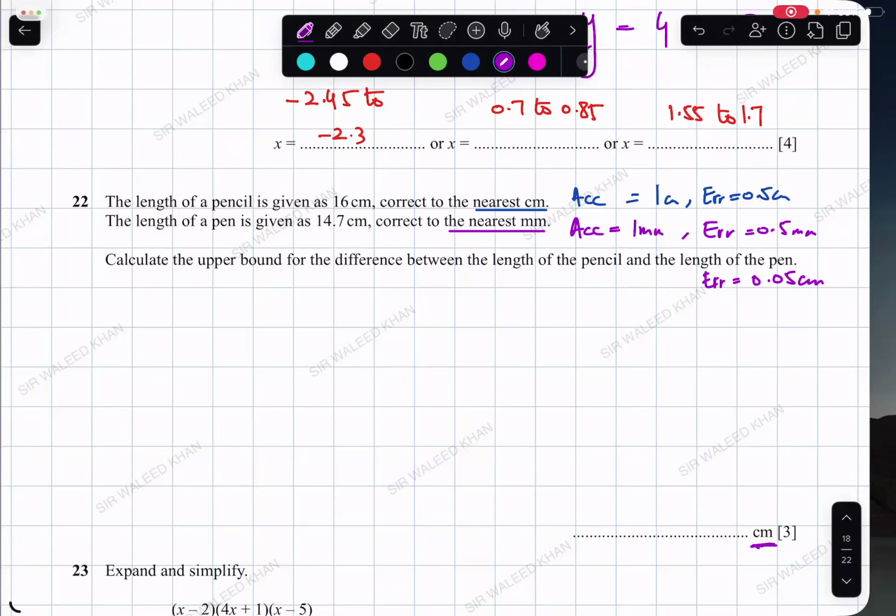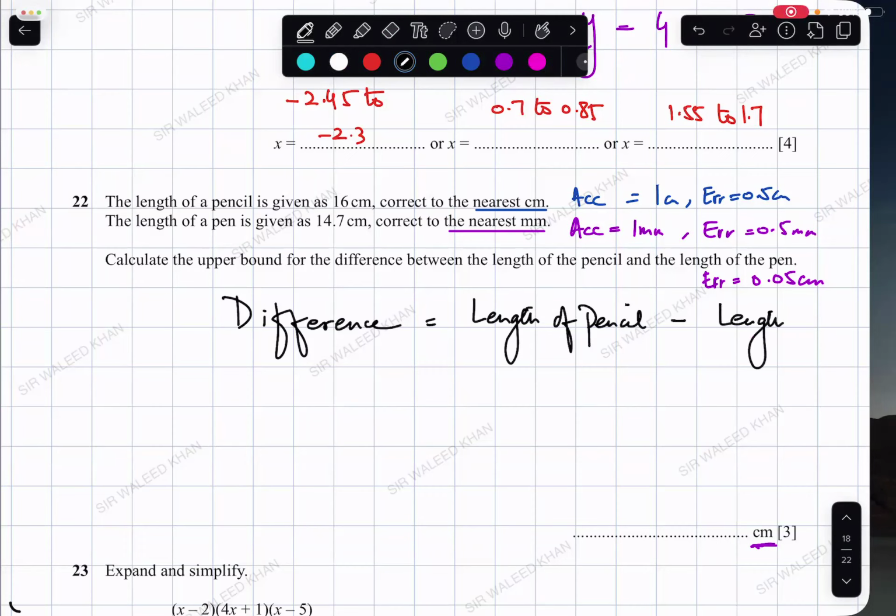So first figure it out. Let's derive a formula, the difference between the length of pencil and the length of pen. Okay, so length of pencil minus length of pen. They are asking us for the upper bound.